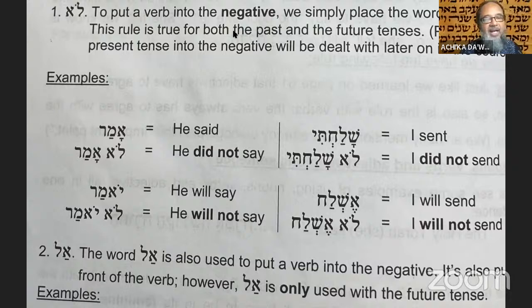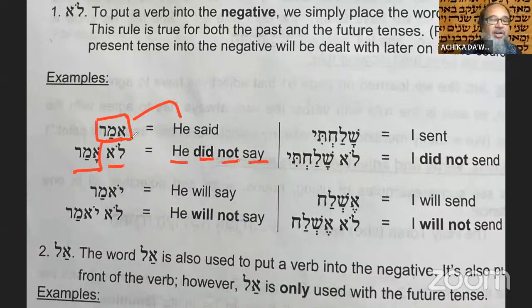So we had our word, again, Amar, and Amar means he said, which is past tense. When you look at words, you've got to look at what it means. Now it says lo Amar. He did not say. So the lo negates the verb. It tells the verb it's not going to happen. So he did not say. How do you say this?